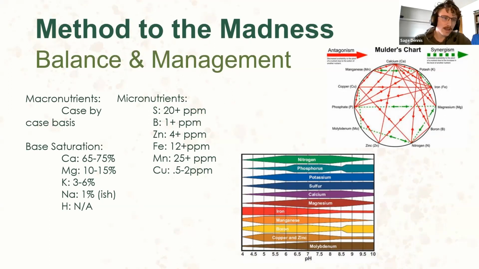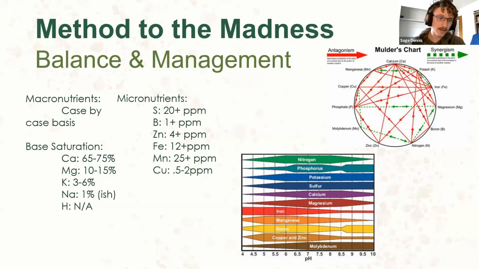So I found that trying to create macronutrient parameters, with the exception of phosphorus, are a little tricky, whereas base saturation is much easier to digest because it gives you those ratios or that understanding of that innate balance in your soil that we're trying to achieve.